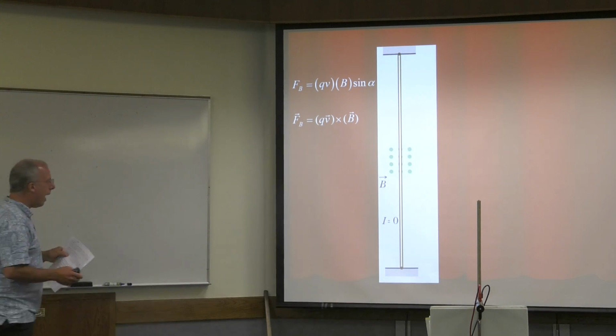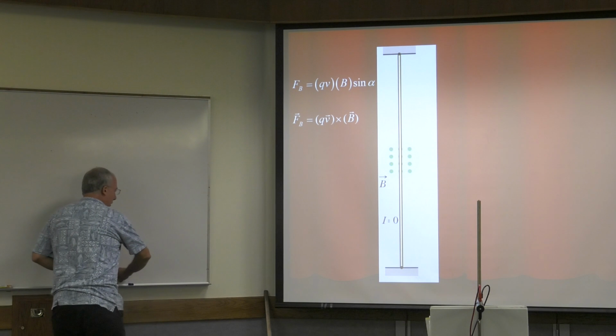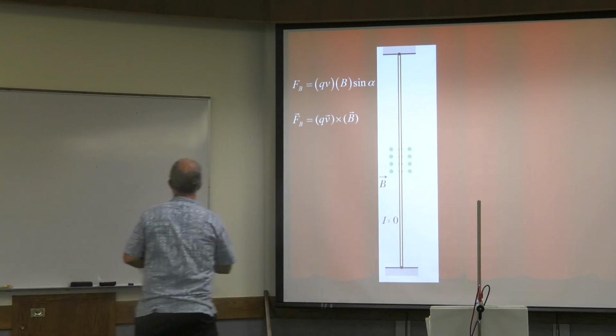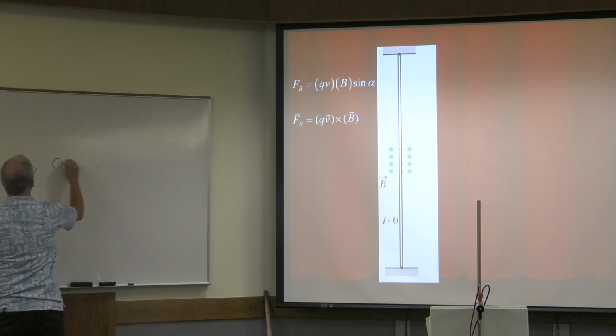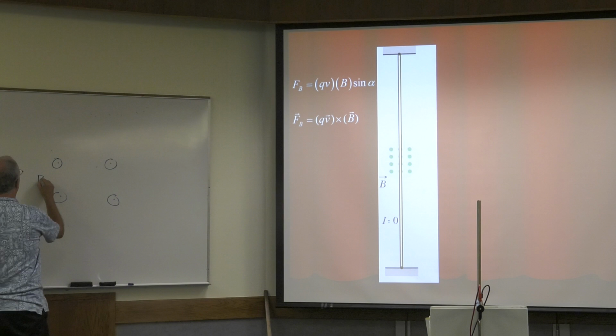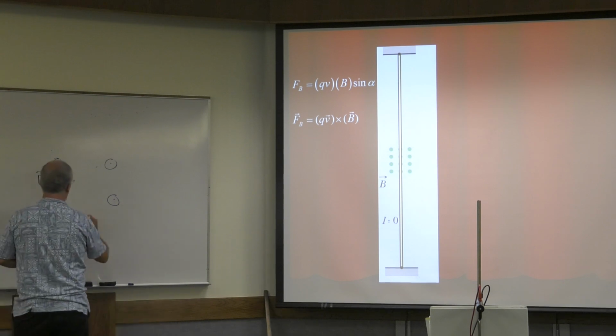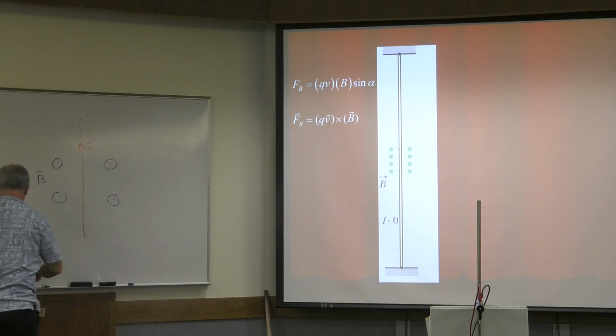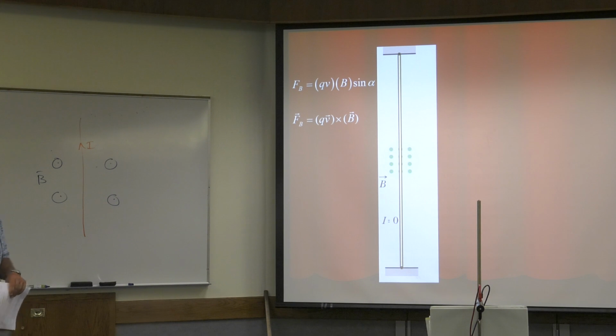Now let's say we have a current going up. So again, the B field is coming out at us, and we have a wire with a current going up. First of all, is there going to be a magnetic force?